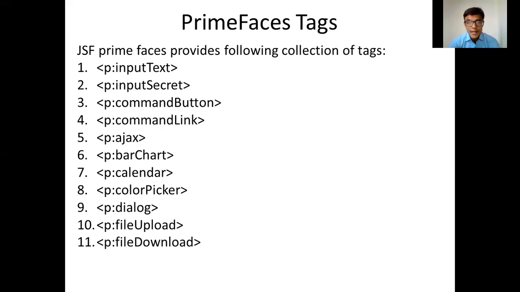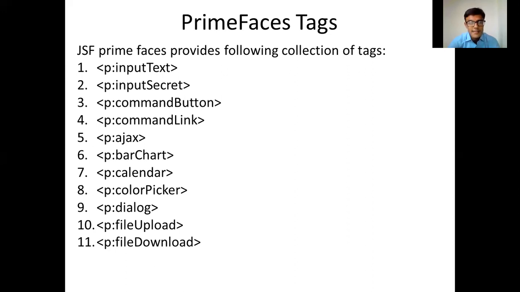Some PrimeFaces tags are listed here, such as inputText, and you can see here the prefix p is used for PrimeFaces. The various components used in PrimeFaces are inputText for simple text, inputSecret for the password, commandButton for the button, and commandLink for the link.